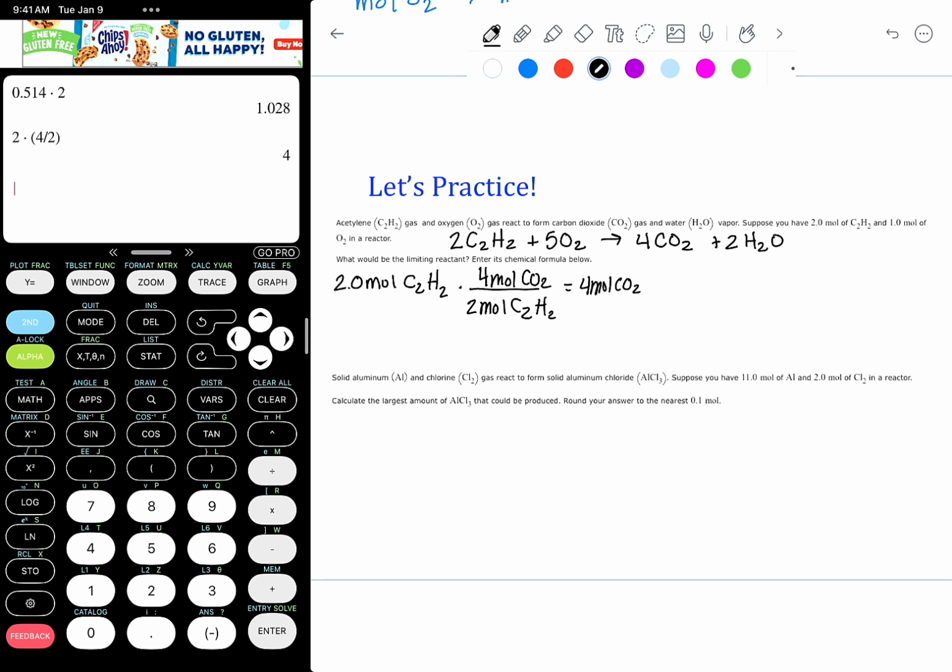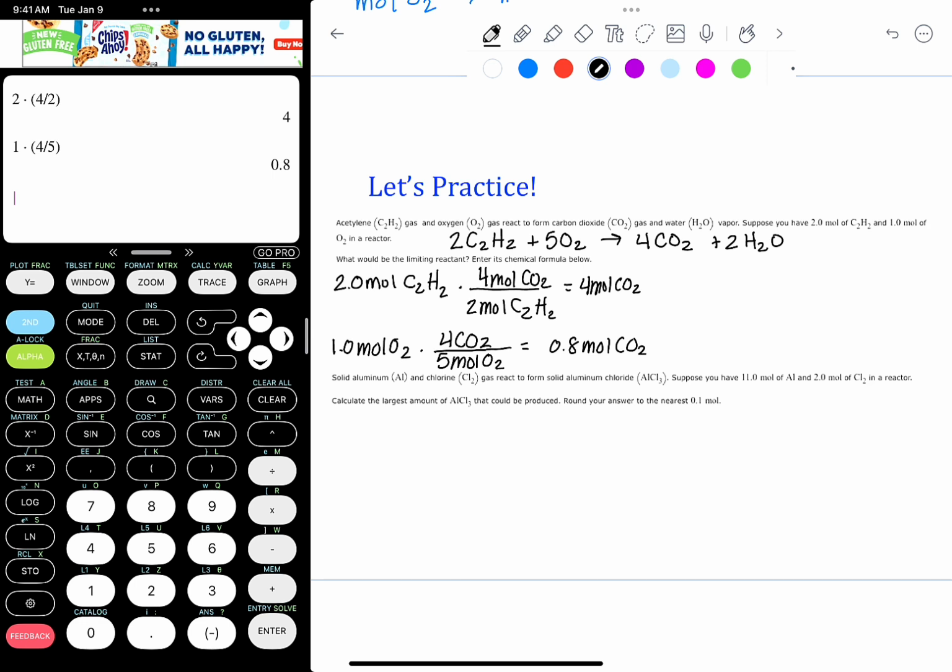We can do the same thing with our moles of oxygen. We can do 1.0 moles of O2. For every 5 moles of O2, I get out 4 moles of CO2. So we get 1 times 4 divided by 5, that ratio. So we get out 0.8 moles of CO2. So the lesser amount comes from O2. So we could say that O2 is limiting.